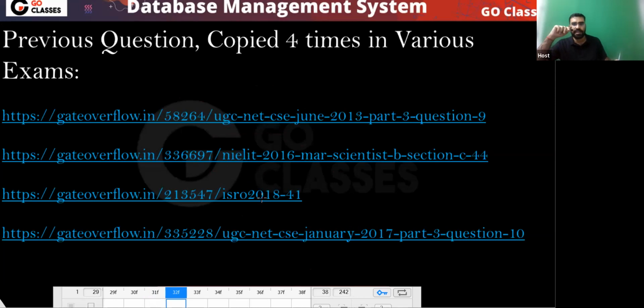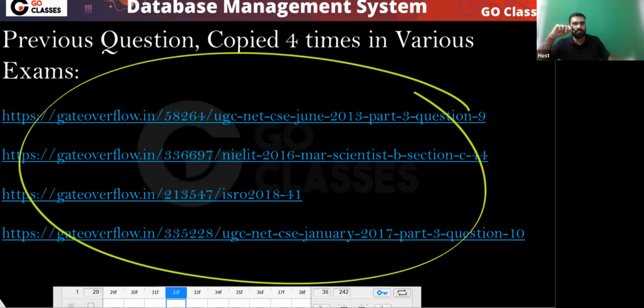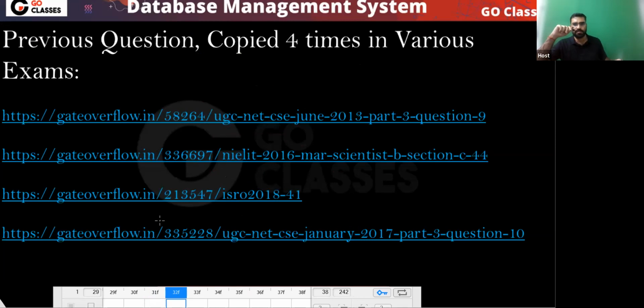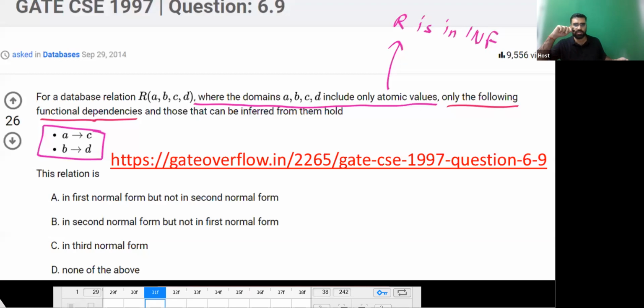Can you see the obsession with this question? Most of the time they copy the GATE questions. So this question has been copied four times as it is.